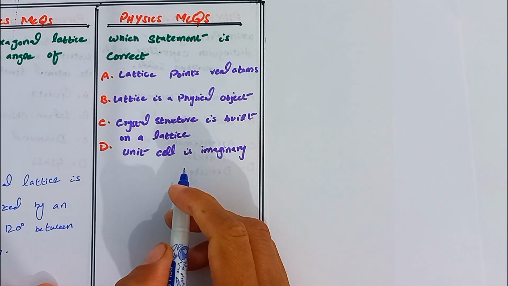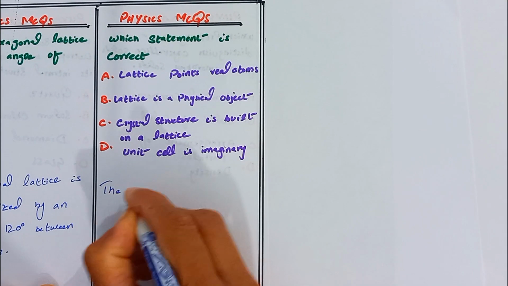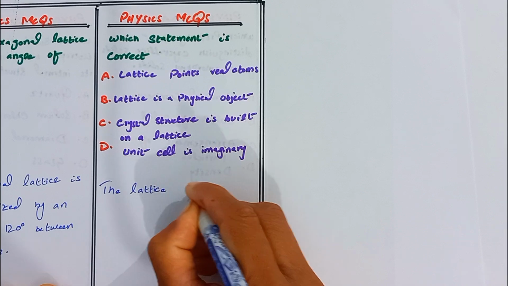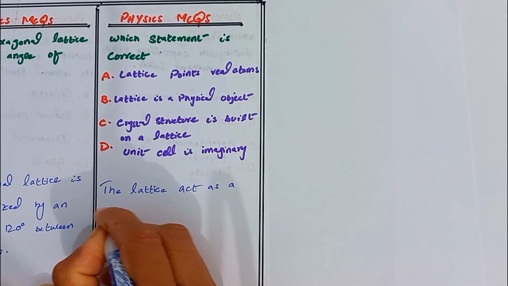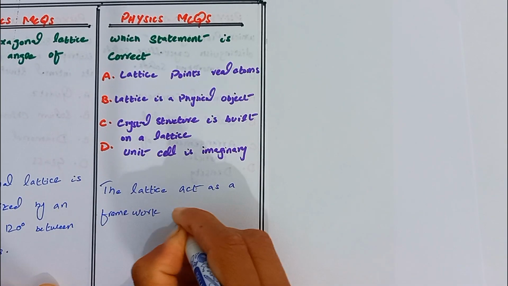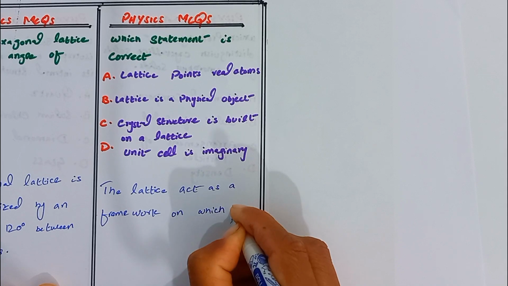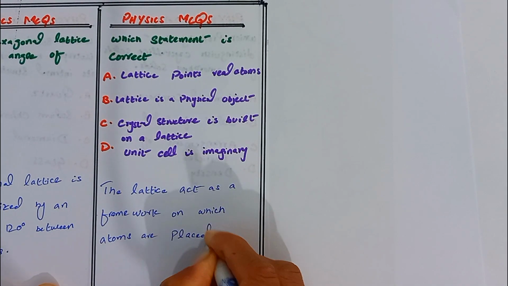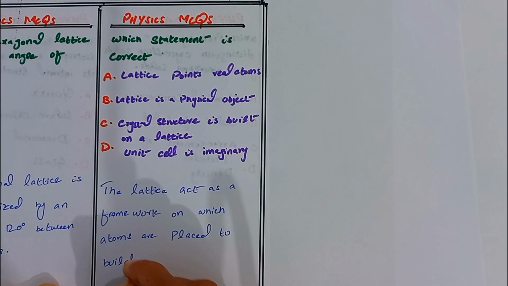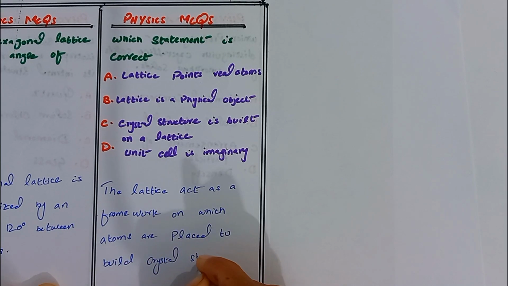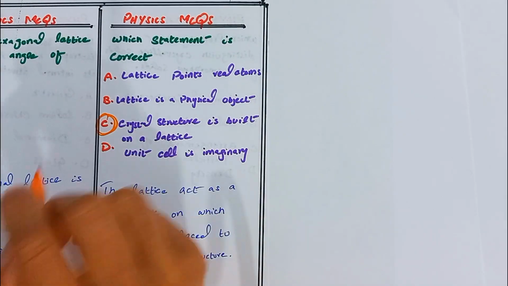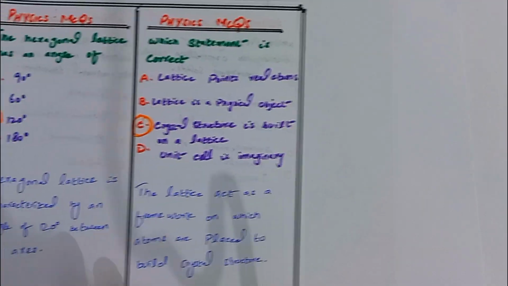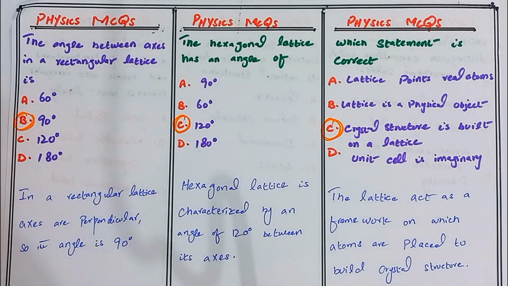So here we know that the lattice acts as a framework on which atoms are placed to build crystal structure. So here option C is the correct one. Crystal structure is built on a lattice. That is the correct option.